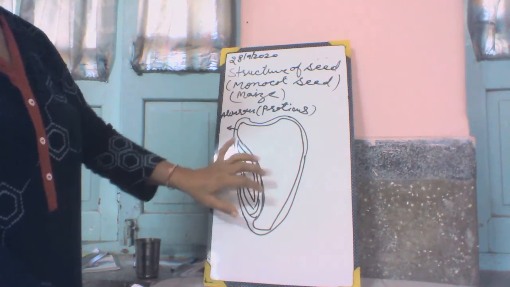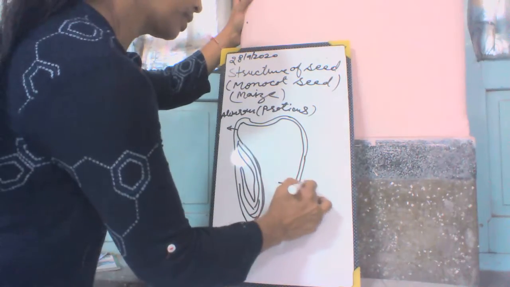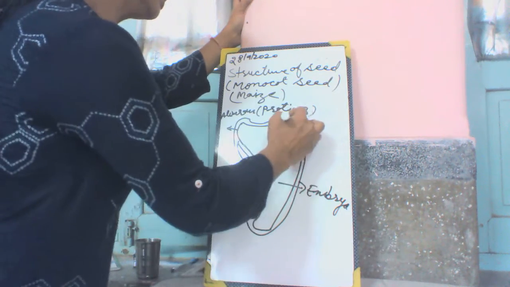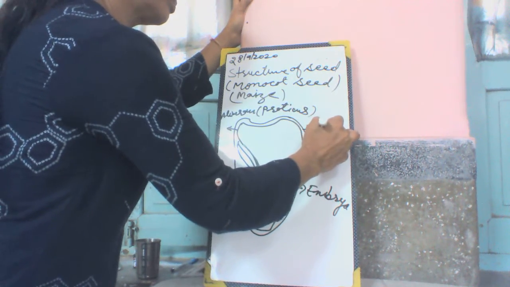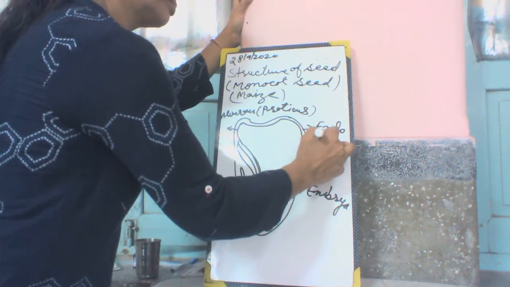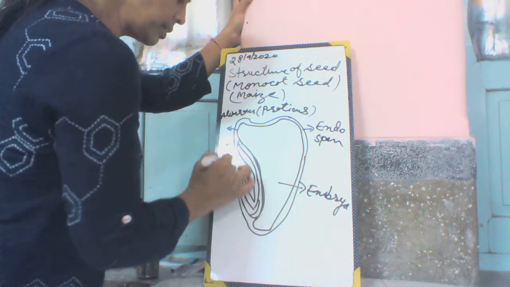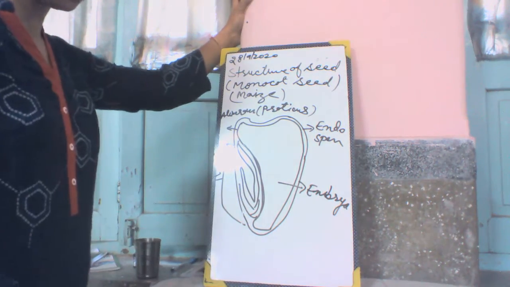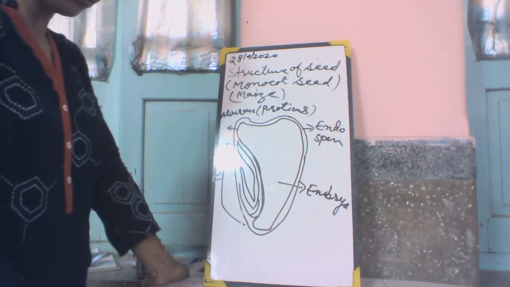These are the cotyledons, and this is the embryo. This is the endosperm, and here are the cotyledons formed with tissues. Then embryo.